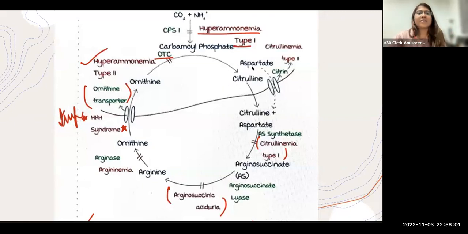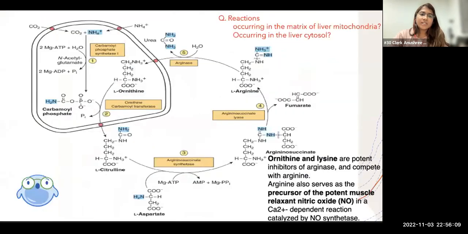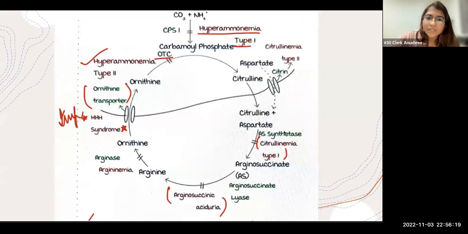So citrulline is combined with aspartate. What was the enzyme over here? Argininosuccinate synthetase. If it is not there, it would cause citrullinemia type 1. Everyone is following? Are there any confusions?